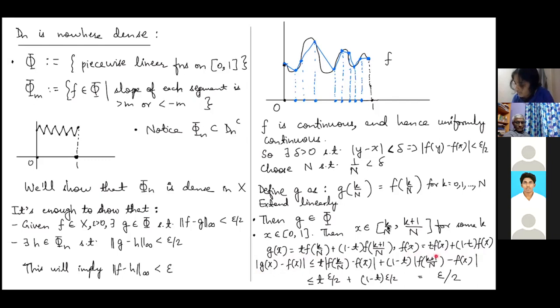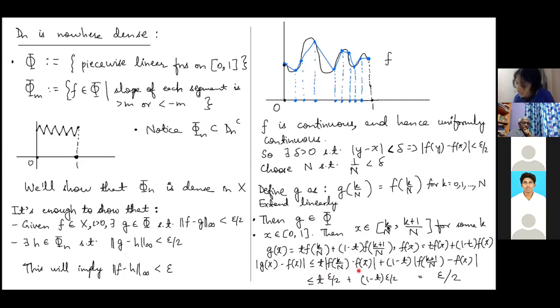We plug those in here and use the triangle inequality. We'll club the terms involving t together, and the terms involving 1 minus t together. So this becomes less than or equal to t times mod f of k by n minus f of x plus 1 minus t times mod f of k plus 1 by n minus f of x.